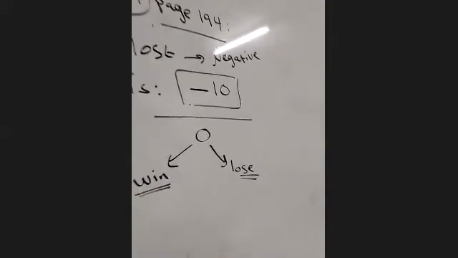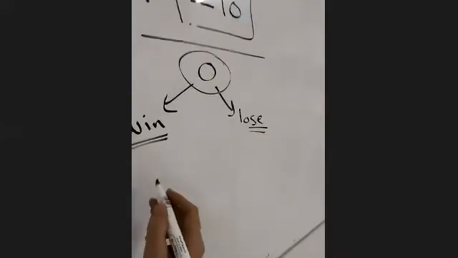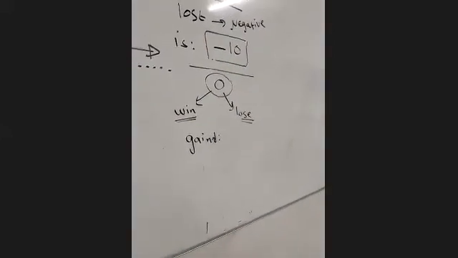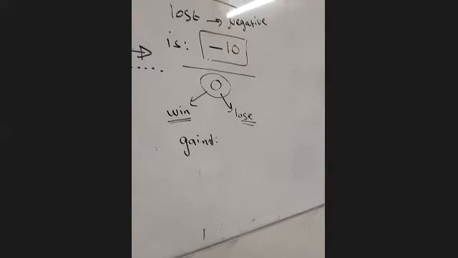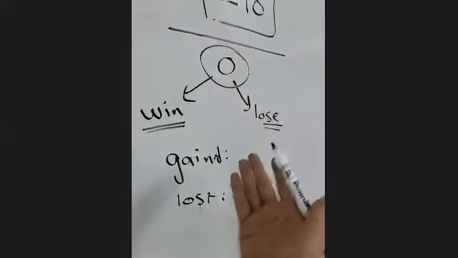So when we say 0, guys, it means there is no gain. What's the meaning of the word gained, guys? Gained means you are taking points, winning points. Or what? Lost. Lost means you are losing points. And we have 0. Do we gain?